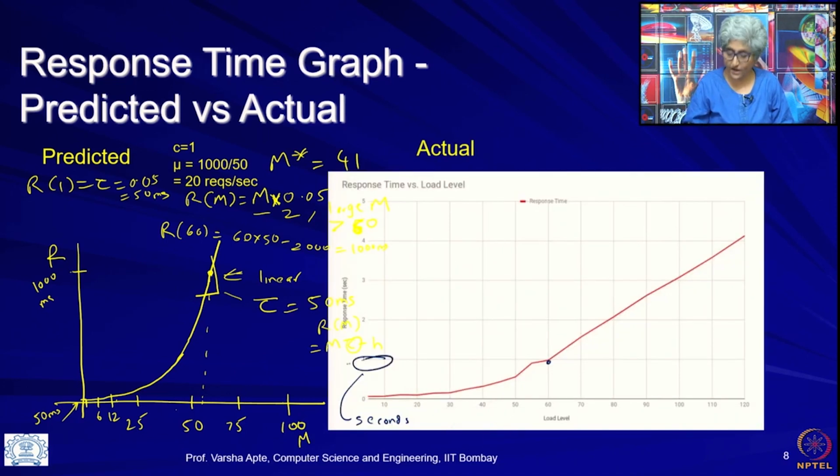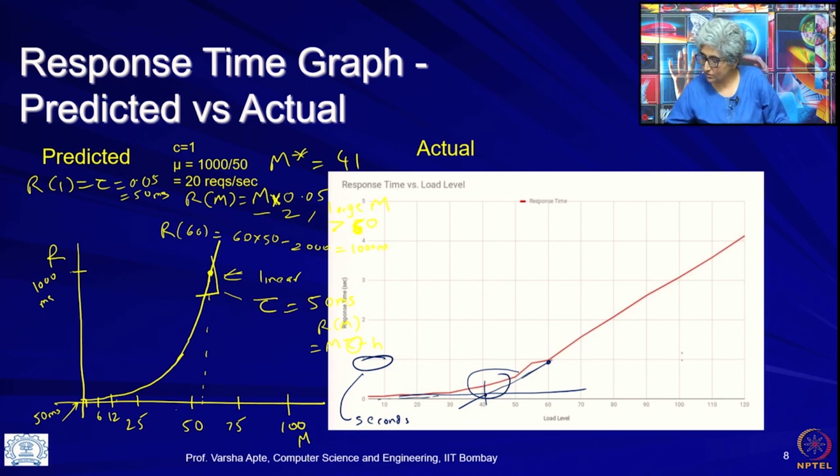It is actually exactly 1 second. Okay. And again at 41 is where the knee is happening. Remember the Kleinrock saturation heuristic was made by doing this meeting point of the low load asymptote and the high load asymptote, and this is exactly what is matching here, and the saturation heuristic really turned out to be perfect for this.